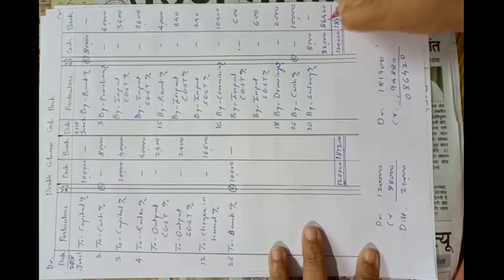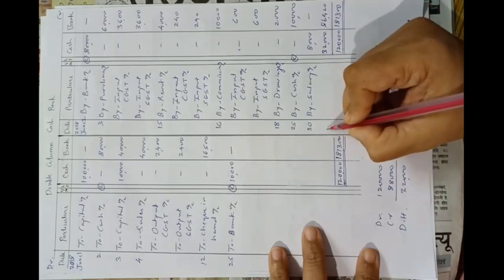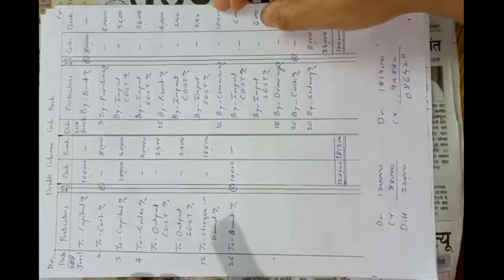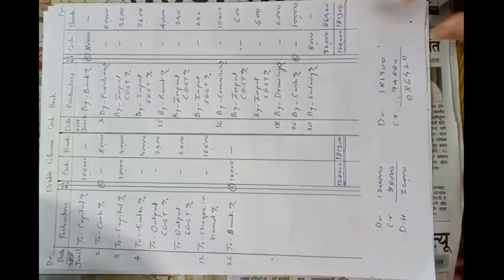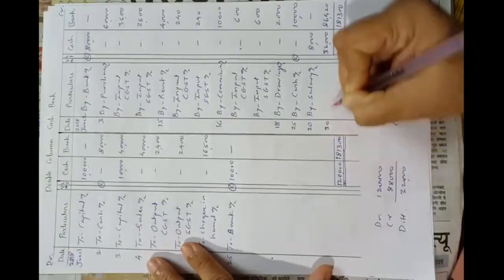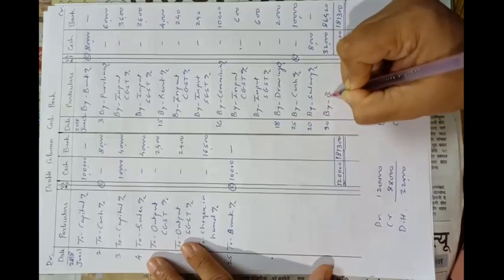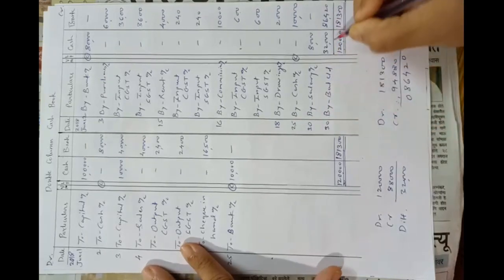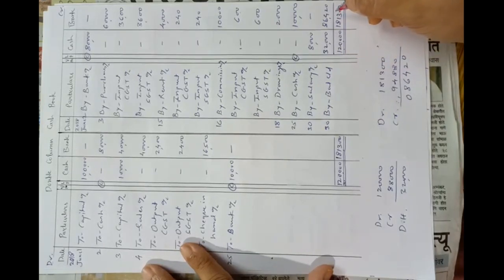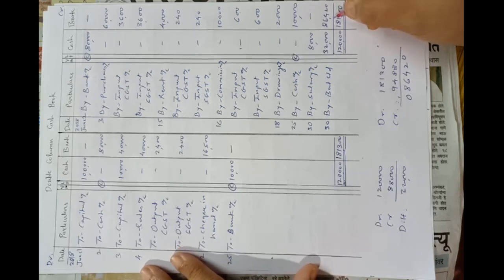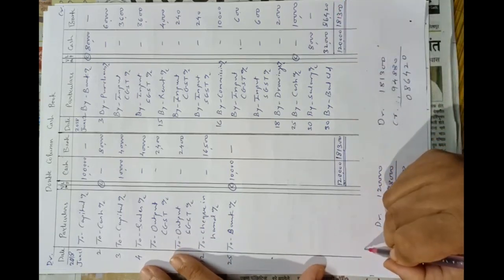Okay. And June has 30 days, so the last date is 30th. On 30th June, by balance carried down. Cash balance is 32,000. Bank balance is 86,420. It will be brought down on the first day of next month.